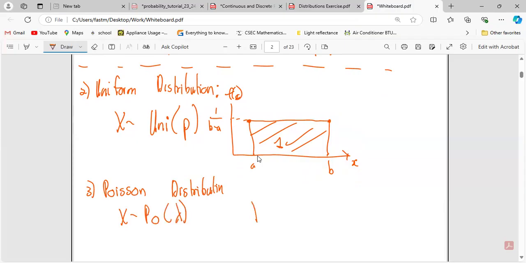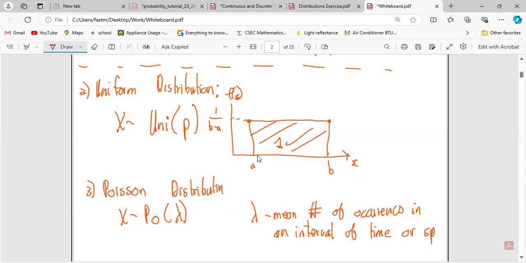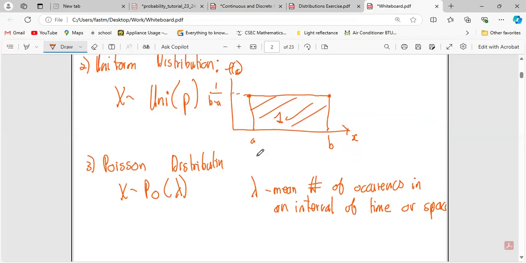What lambda is, which is the definition for Poisson, is the mean number of occurrences in an interval of time or space. Space meaning like a production line, the number of failures in 5 products or something like that. That would be by space, and obviously time is time.